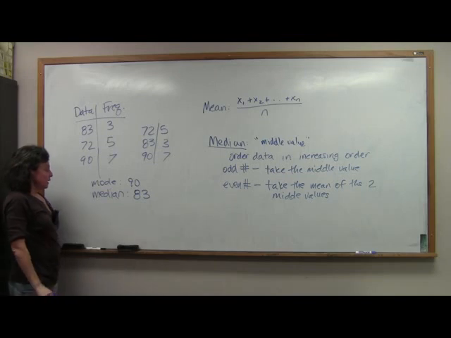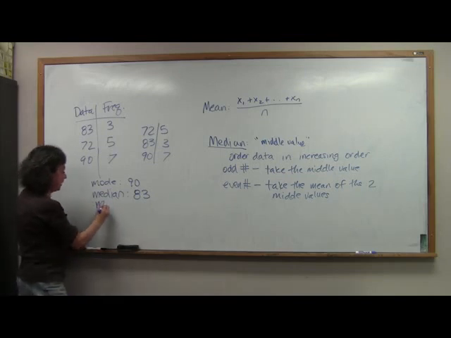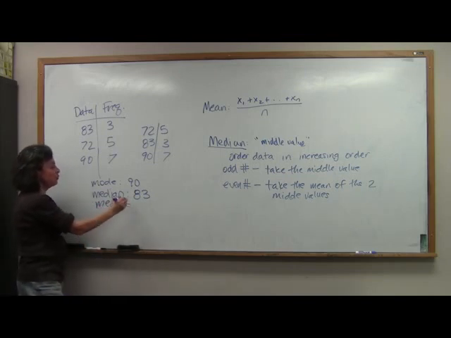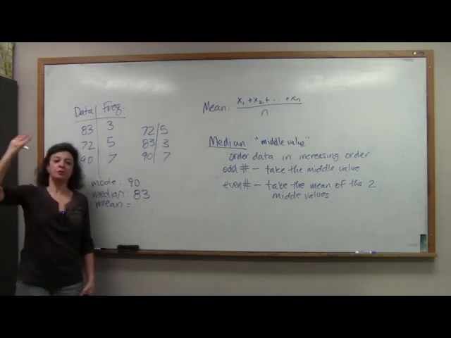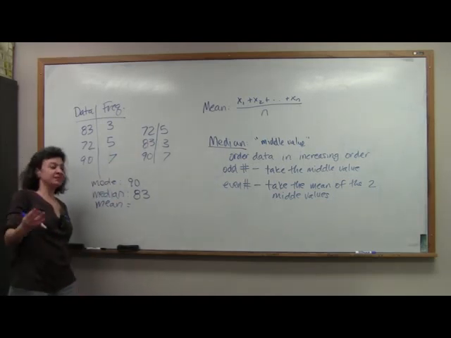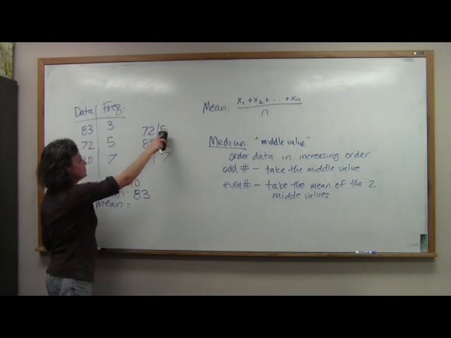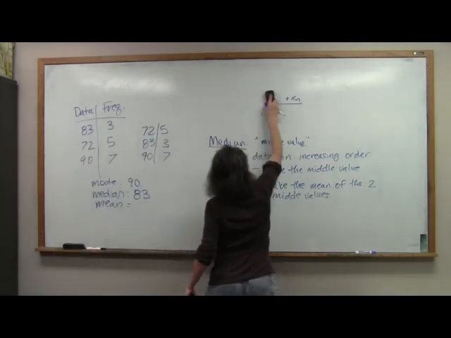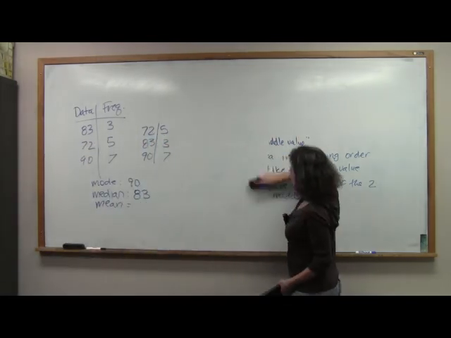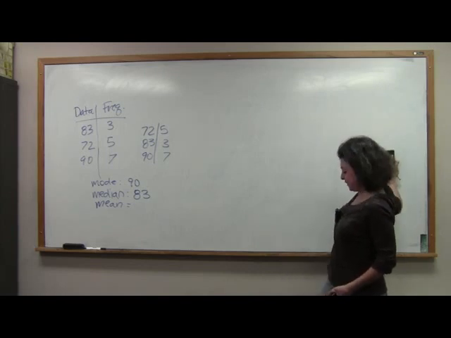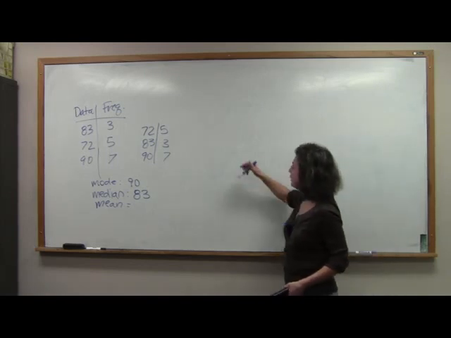Okay? Now, next, to find your mean, well, we don't want to take 72 plus 72 plus 72 5 times. Again, what we would do is we would take advantage of the fact that we are given our frequency. In other words, that tells us how many times to add the data point.